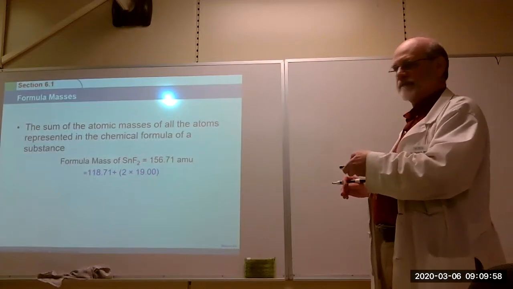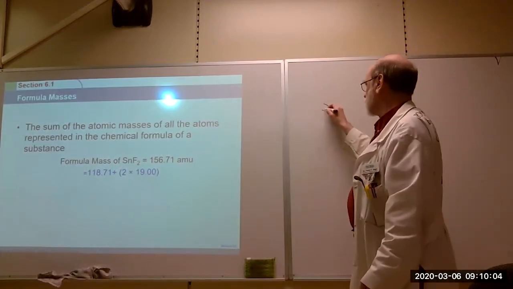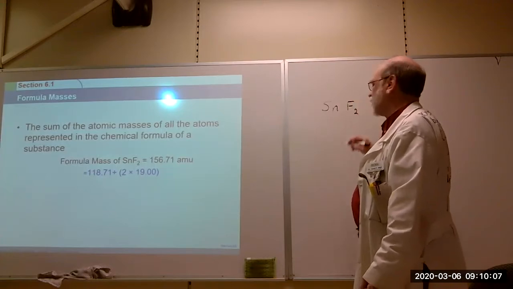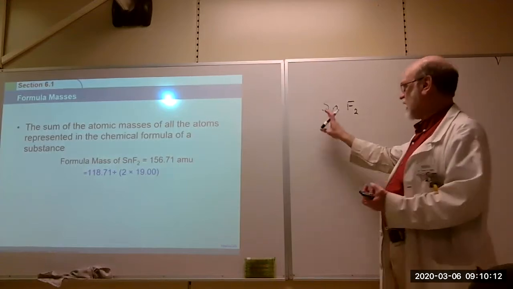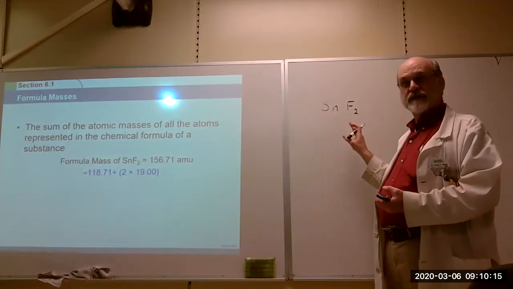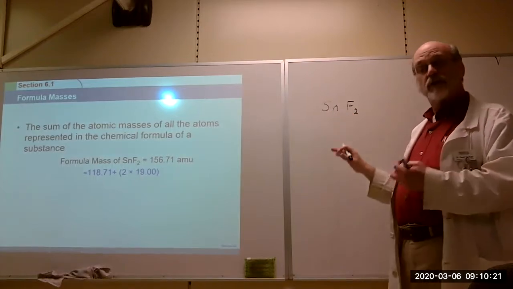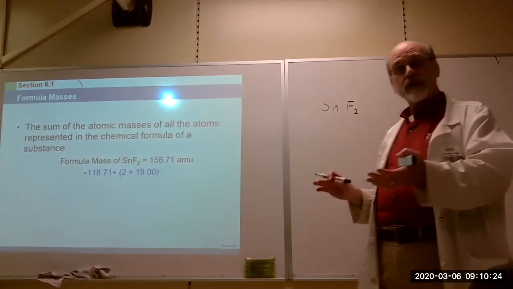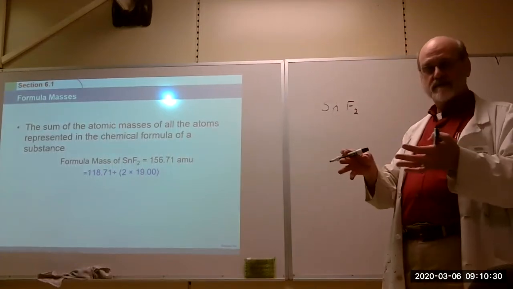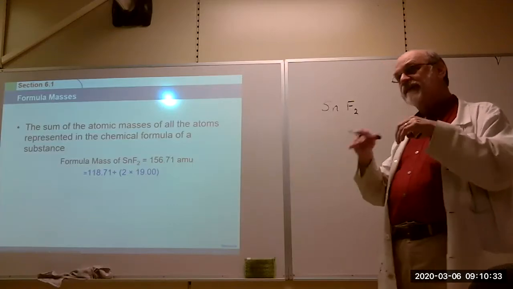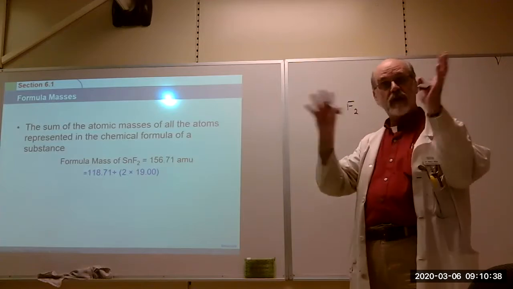Actually, it's a formula. Why do I say formula instead of a molecule? Because a metal and a non-metal don't make molecules, right? They make crystal lattices, positive ions, negative ions. This is the simplest whole number ratio of tin to fluorine. You only get molecules when you've got a type 3 compound, where you combine non-metal with non-metal and they share electrons. When that happens, then you get a defined molecule that holds itself together in interactions with other molecules.